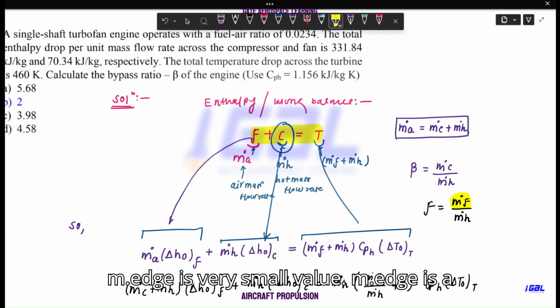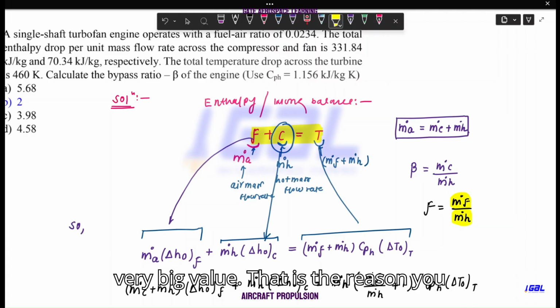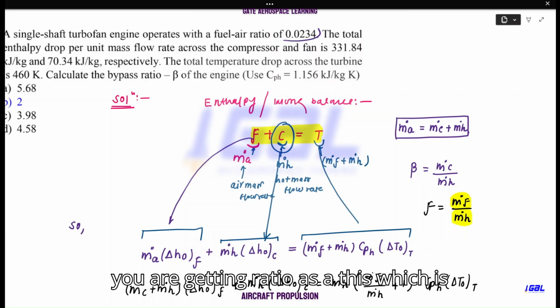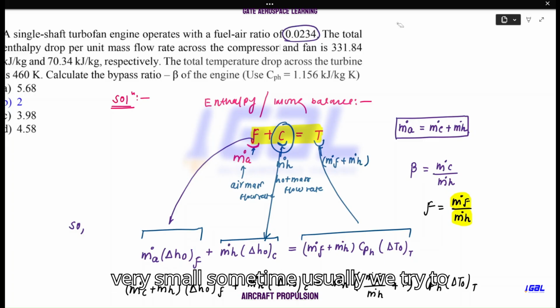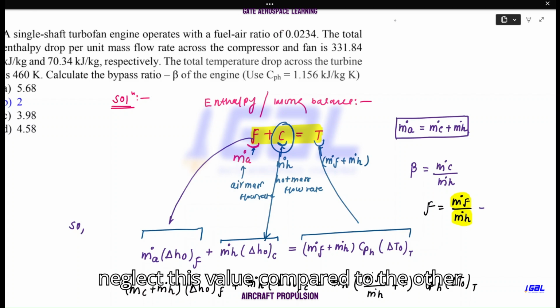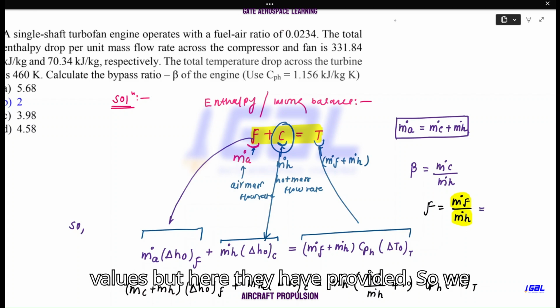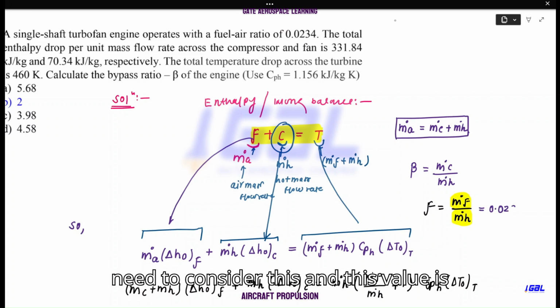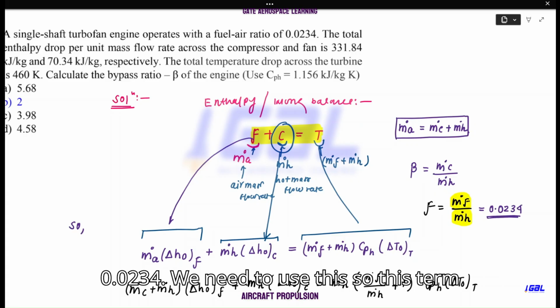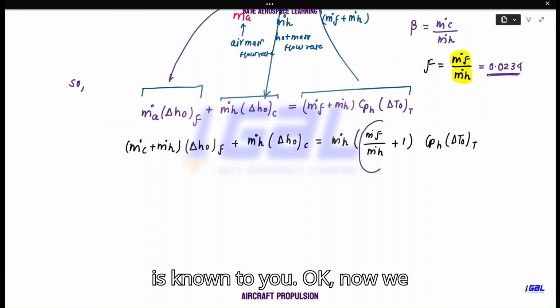So m dot f is a very small value, m dot h is a very big value. That is the reason you are getting a ratio which is very small. Usually we try to neglect this value compared to the other values, but here they have provided it, so we need to consider this, and this value is 0.0234. Okay, we need to use this. So this term is known to you.